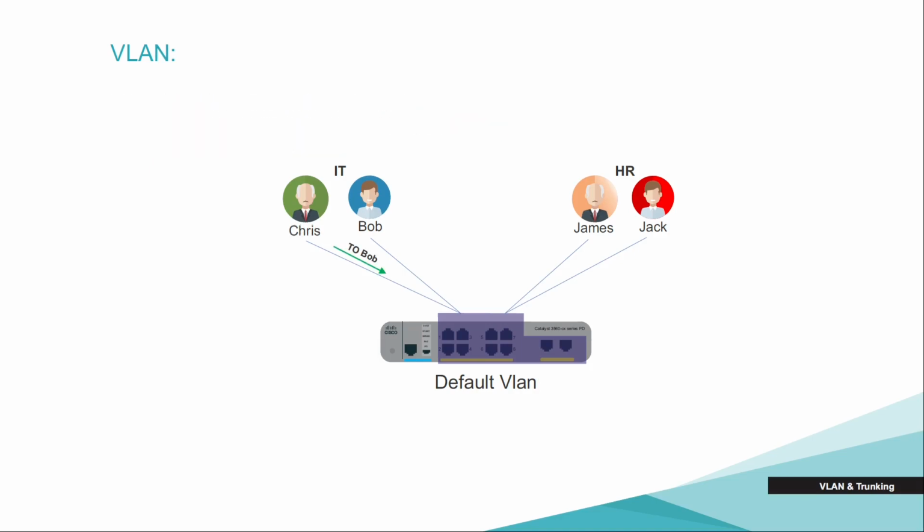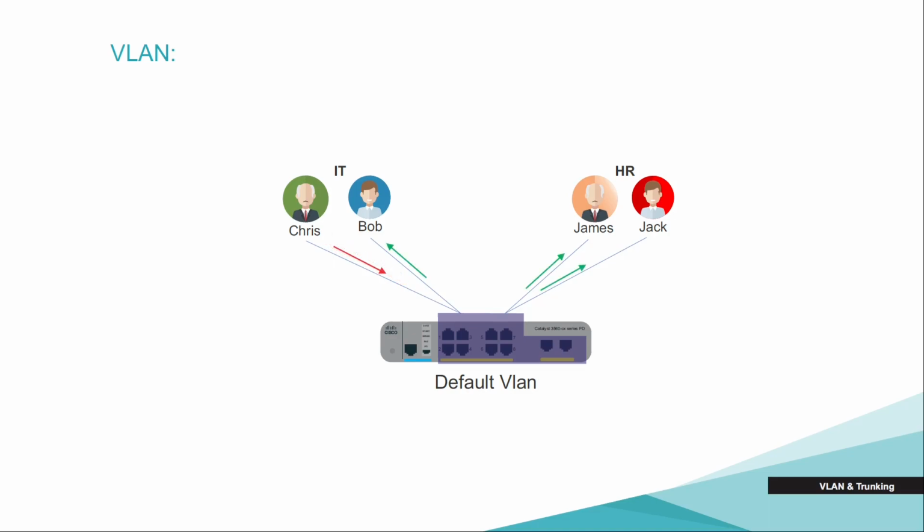let's imagine that Chris wants to send data to Bob. If Bob's destination MAC address is known to our switch, our switch will forward the data to Bob, and there is no problem here. So what if Chris wants to send data to Bob, but Bob's MAC address is unknown to our switch?